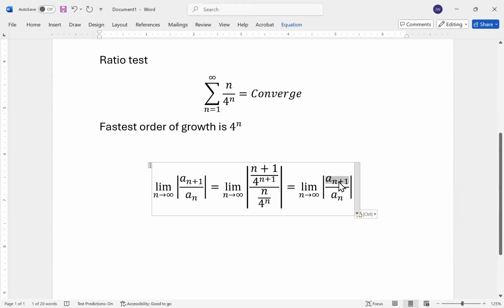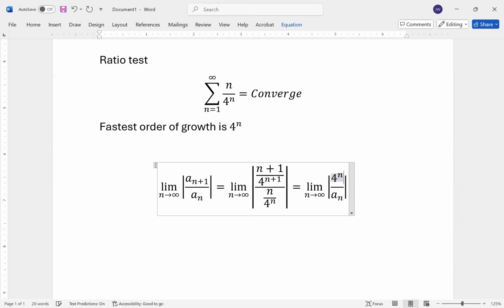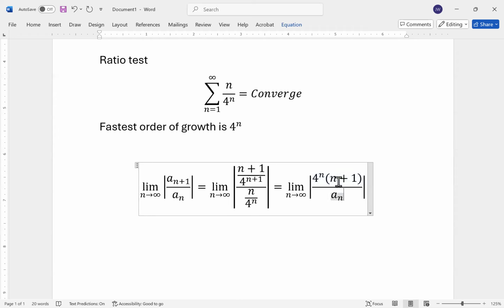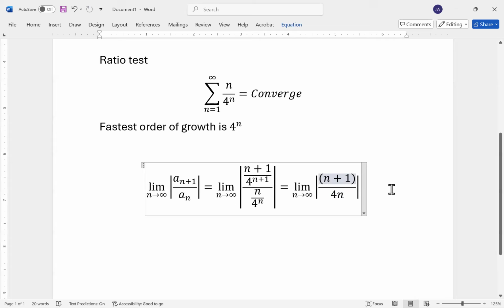That would give me 4 to the nth power times n plus 1, divided by 4 to the n plus 1 power times n. And then 4 to the n would cancel out with 4 to the n. You just get 4 to the first power, which is just 4, in the denominator times n. And in the numerator, you'd get n plus 1, after you canceled out the 4 to the nth power.